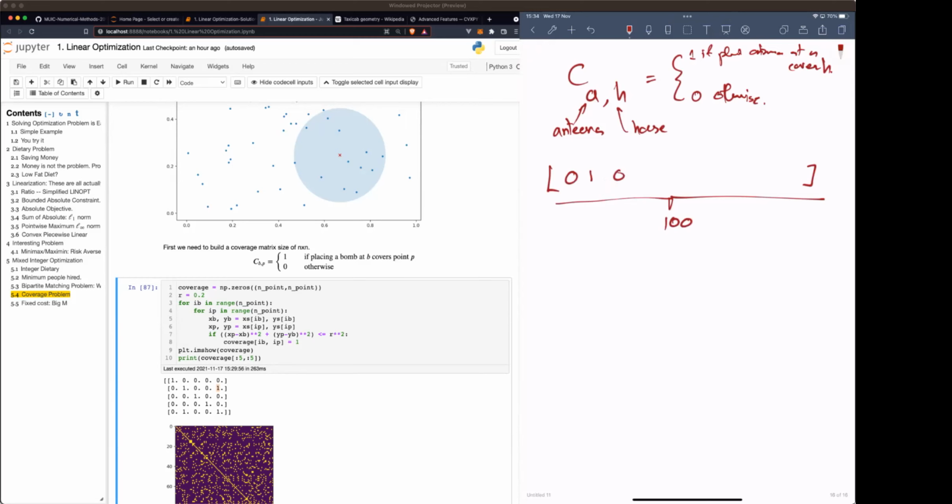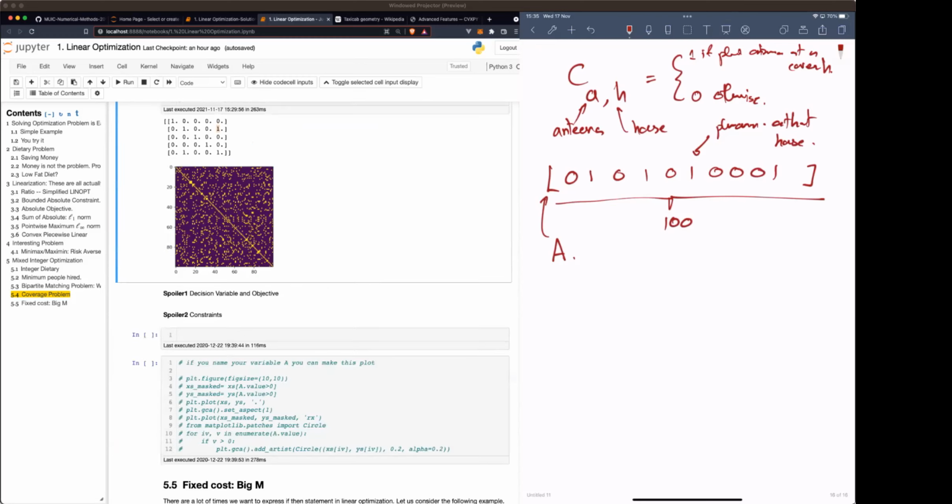For example 0, 0, 0, 1. 1 means you place an antenna at that house. Are we good? So this is our decision variable. Let's call that A.